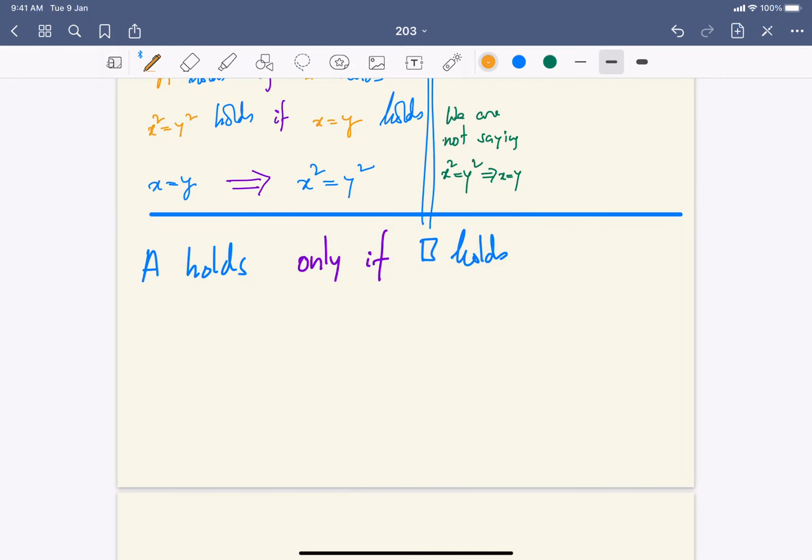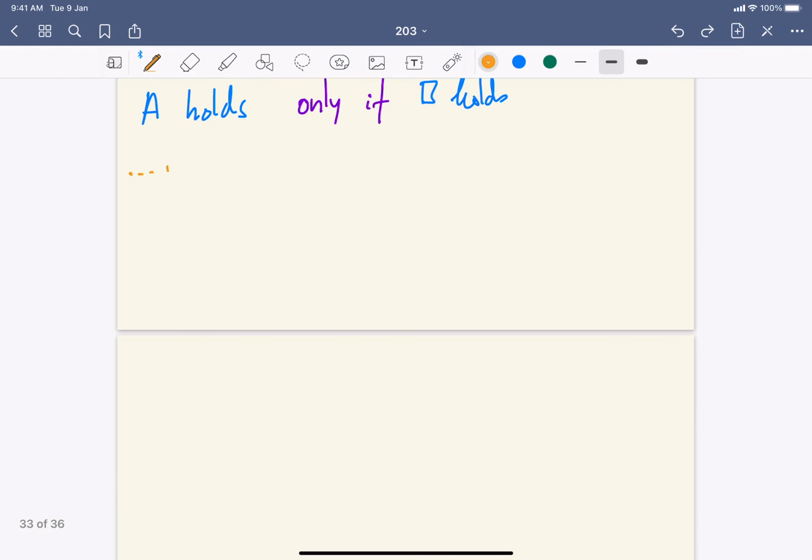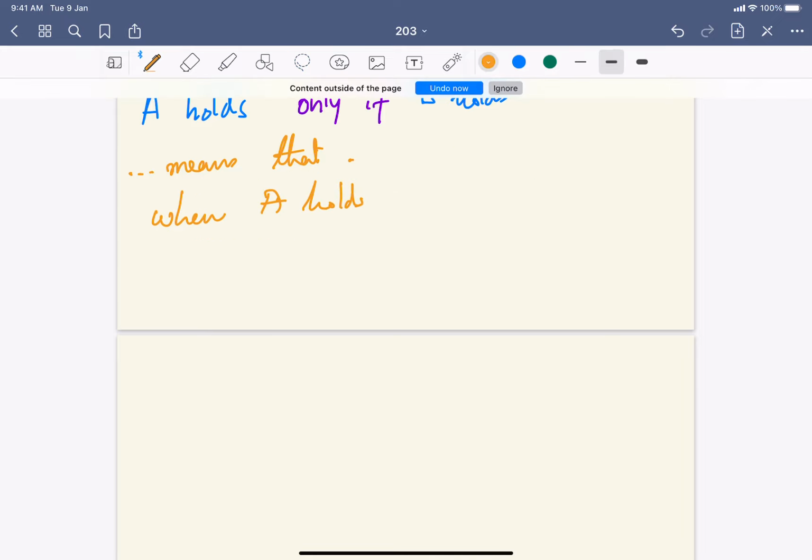We say A holds only if B holds. Sorry for this bad handwriting. This means that when A holds, then B has to hold.